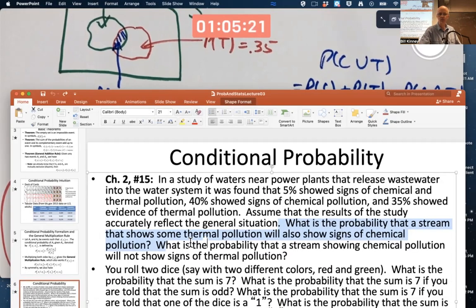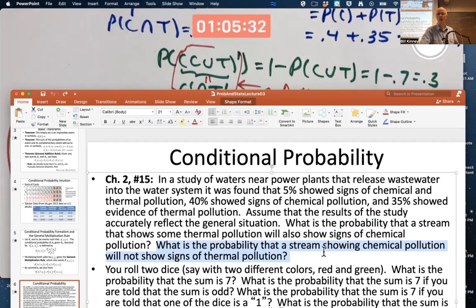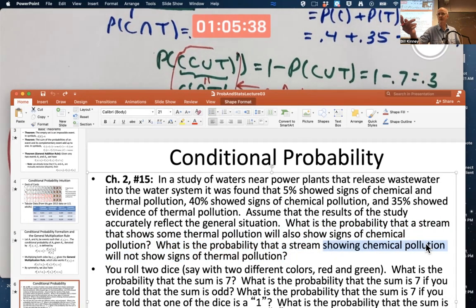The next question is, what is the probability that the stream showing chemical pollution will not show signs of thermal pollution? Not show signs of thermal pollution. We're given that it shows chemical pollution this time, unlike the previous question where we were given that it shows thermal pollution.